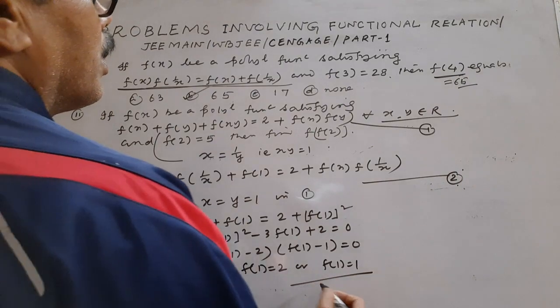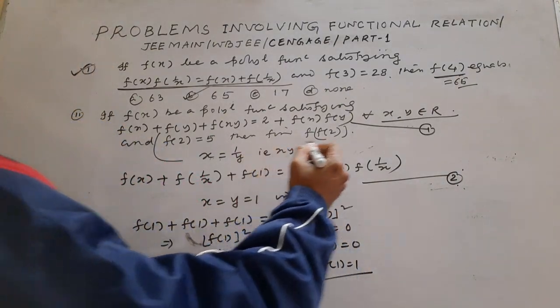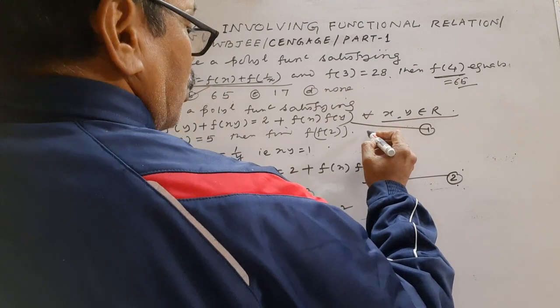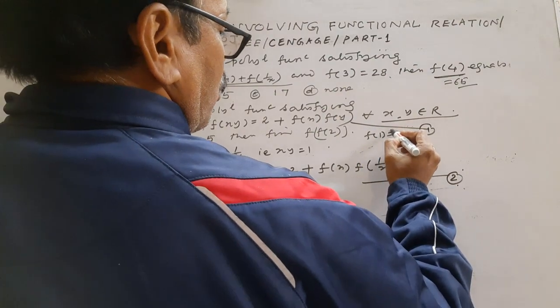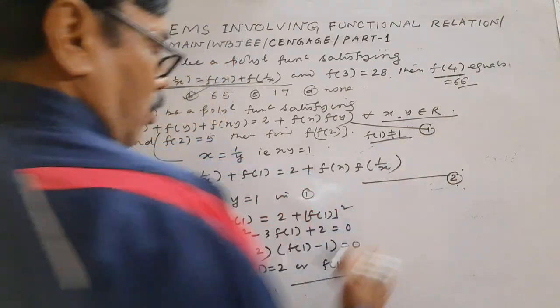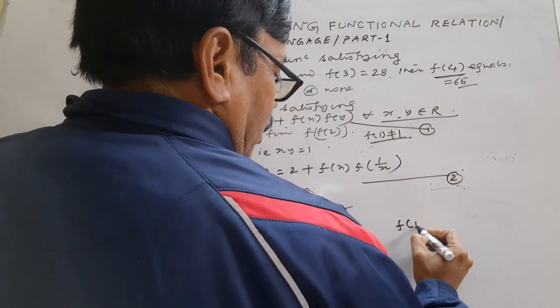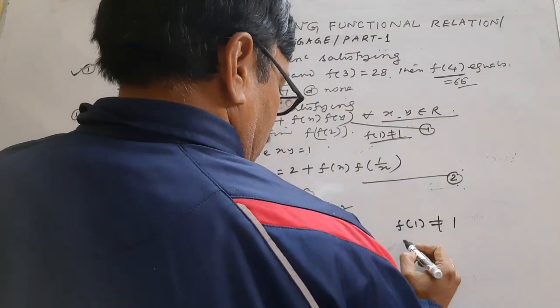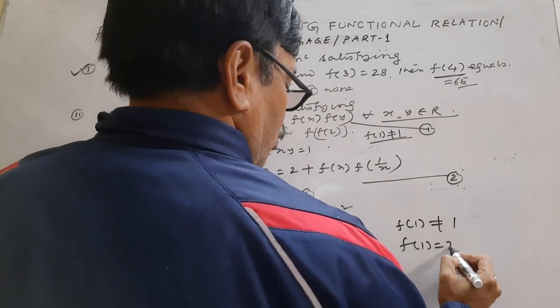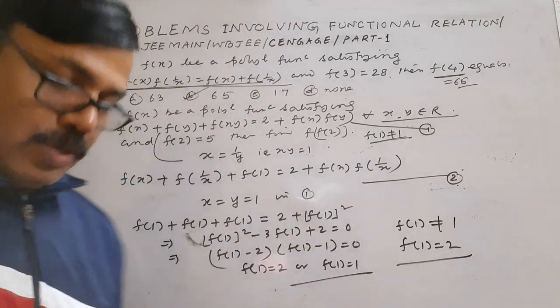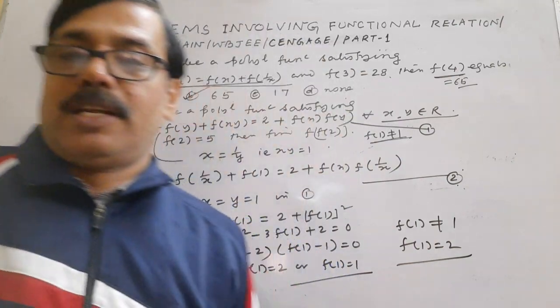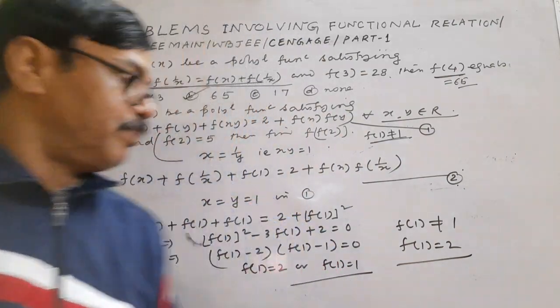Here it is given f(1) not equal to 1, one additional condition. So if f(1) is not equal to 1, we get f(1) = 2. So finally we are getting f(1) = 2.